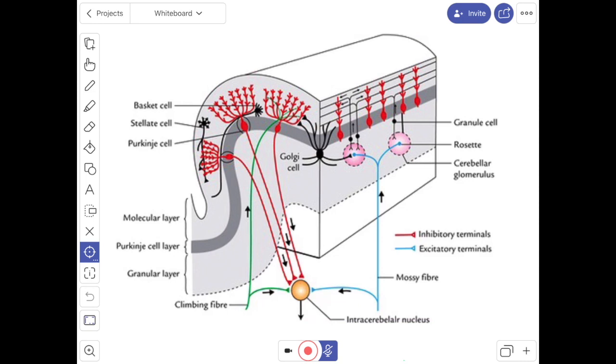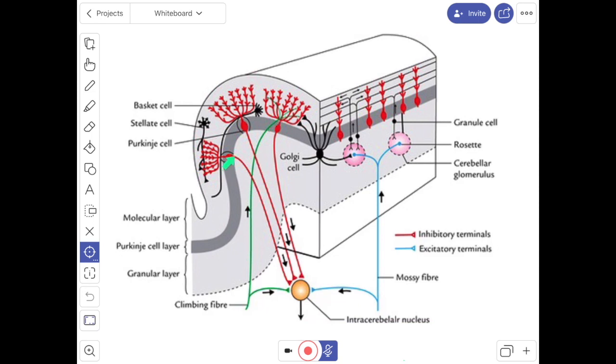The dendrites of the Purkinje cells synapse with the collaterals of the basket cells, then the axons of the granule cells, then the climbing fibers.